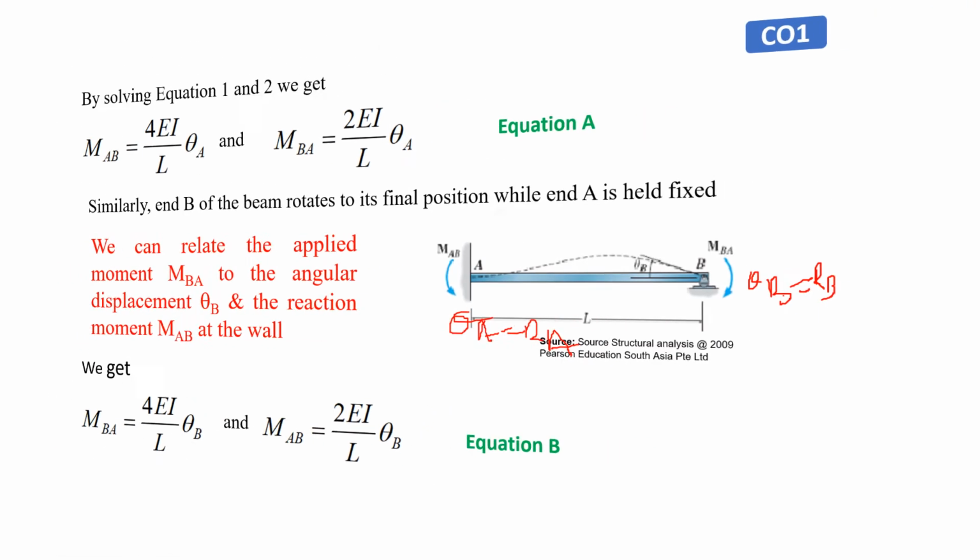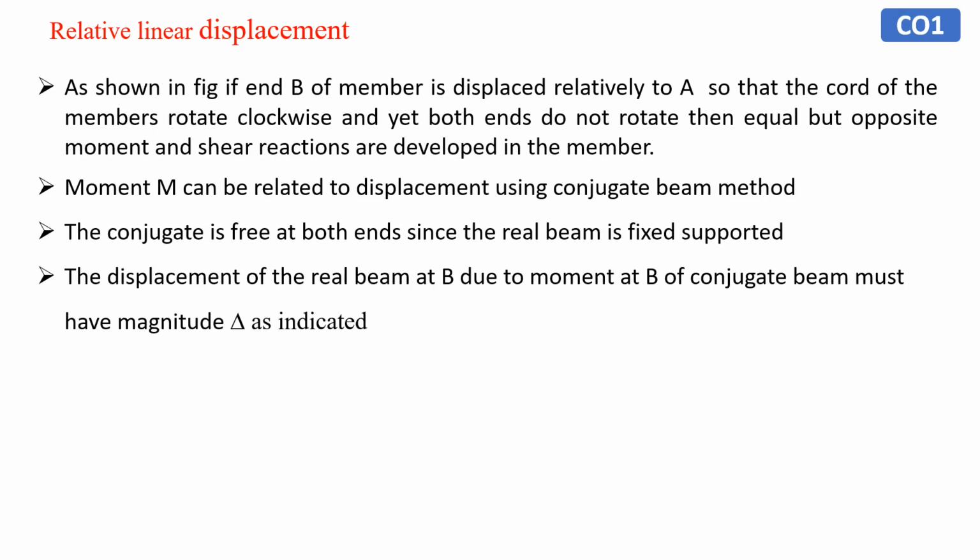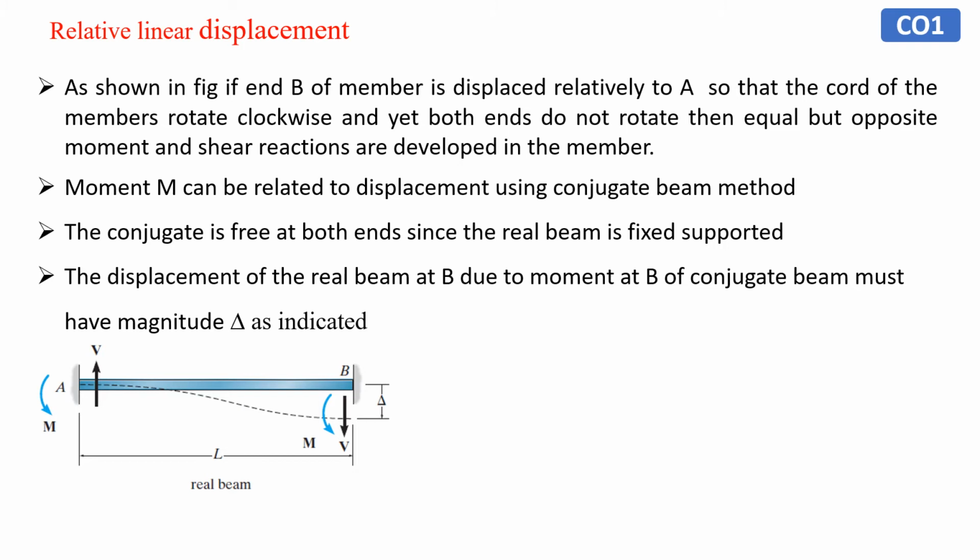Now we have the relation for rotations, but now we are going to find the relation for relative displacement. As shown in the figure, if end B of the member is displaced vertically with respect to A, so that the chord of the member rotates clockwise, and yet both ends do not rotate, then equal opposite moment and shear reactions are developed in the member.